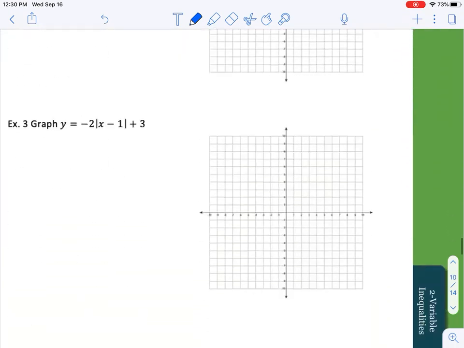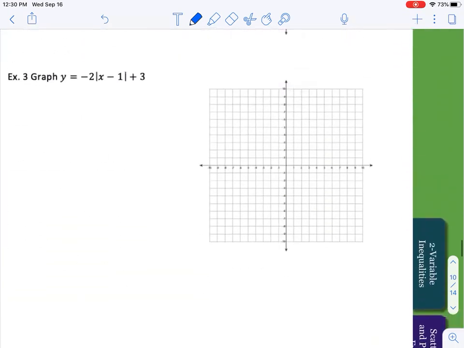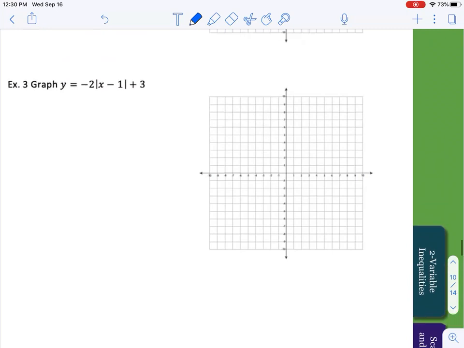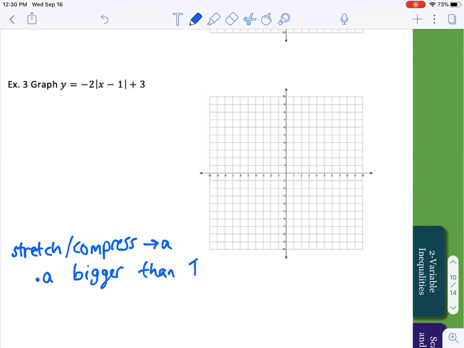So I'm going to scroll down, write out some important pieces here, and then we'll try our examples. So our a value, we saw it was our slope, kind of. This is a stretch or compression. Stretch or compress is a. So if a is bigger than 1, you can also write it like this.